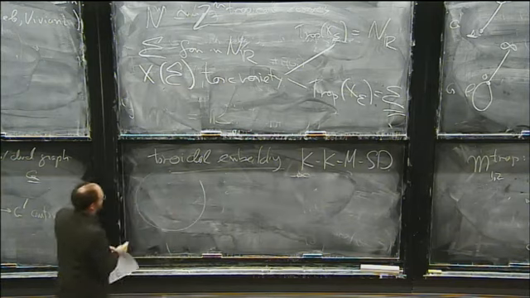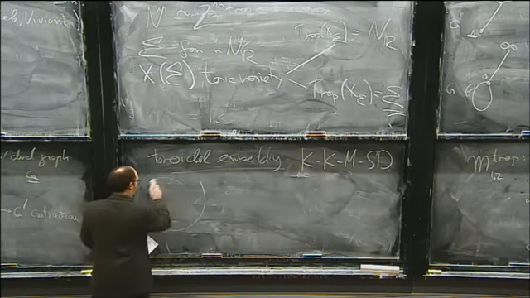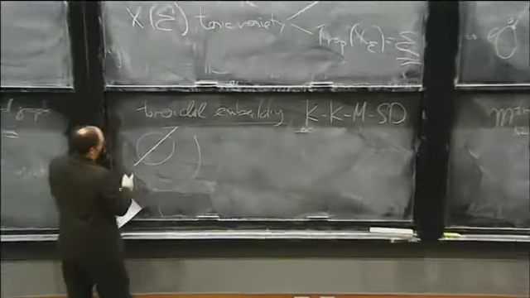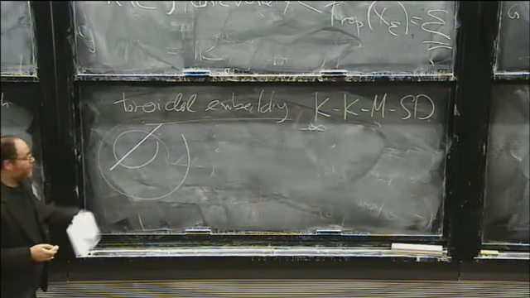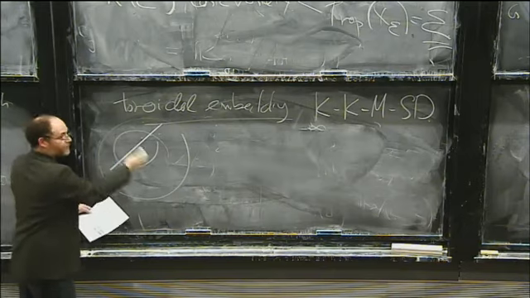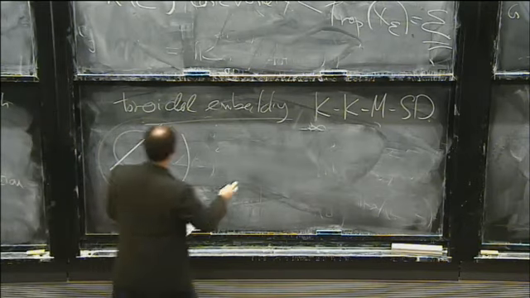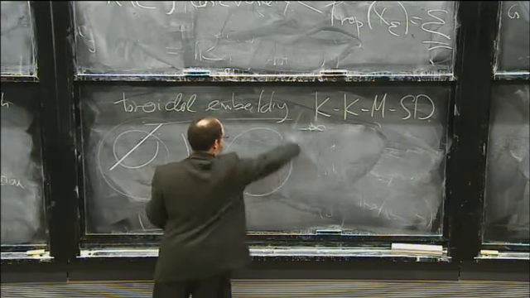So take a smooth variety and take some normal crossings divisor. This is an example of a smooth surface with two curves intersecting transversely. Here's another example.